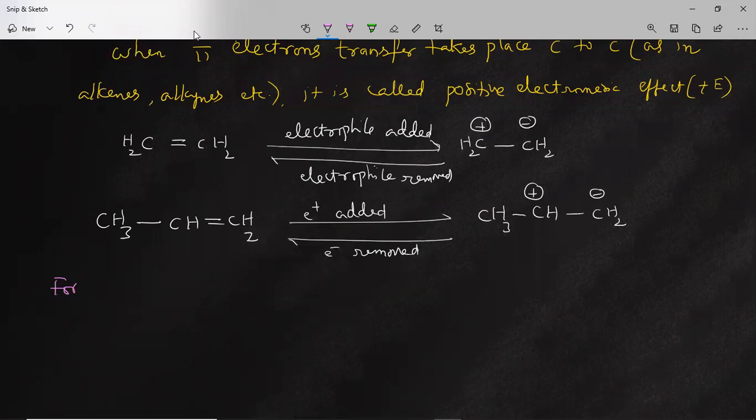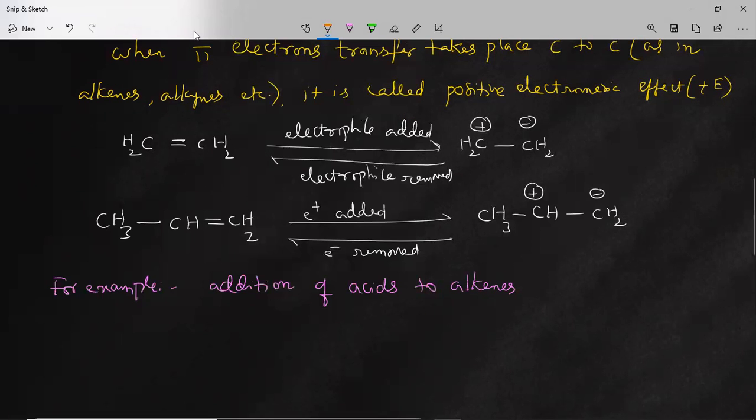For example, addition of acids to alkenes. We will take an alkene here, carbon-carbon double bond. Acid means H plus. This is the electrophile. What happens?